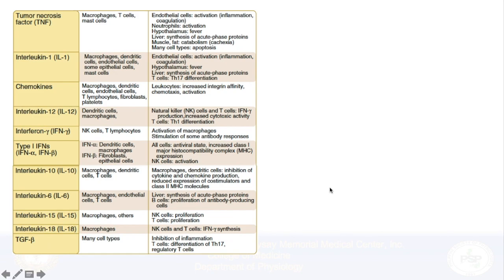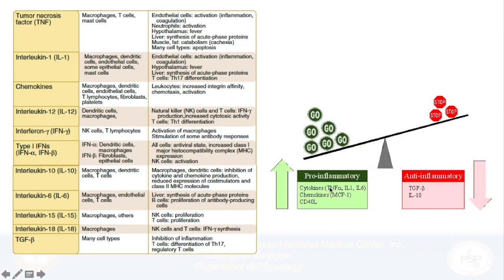So there are actually a lot of cytokines. We can classify your cytokines as inflammatory or pro-inflammatory cytokines. So this would promote inflammation. So, go inflammation.